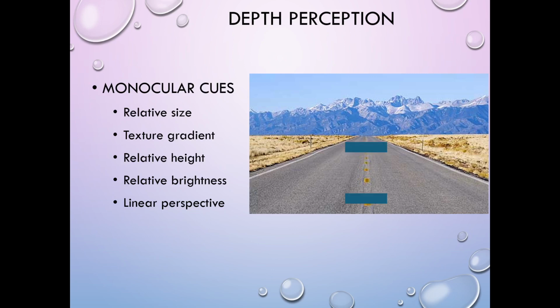So every cue in this picture indicates that the bottom rectangle that I just superimposed onto the picture is closer to us than the top rectangle, right? That bottom rectangle is lower in the visual field, so it must be closer. It's in the same part of the picture where you can see more detail on the road.